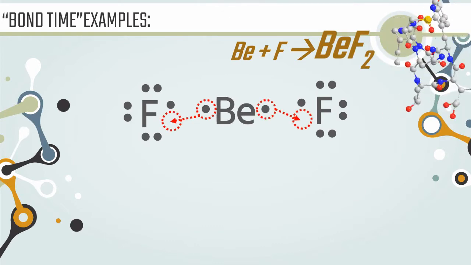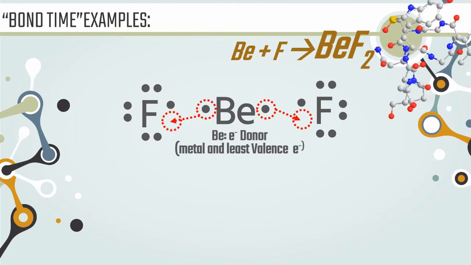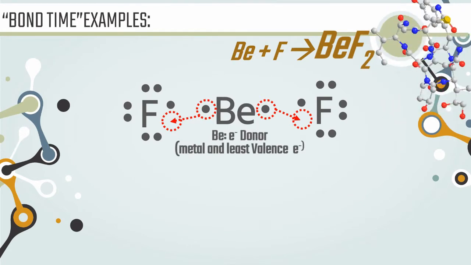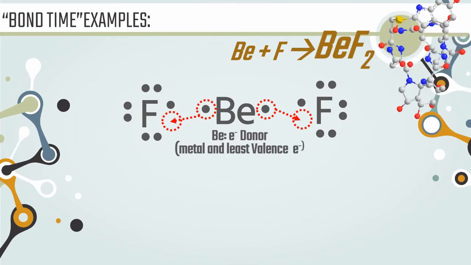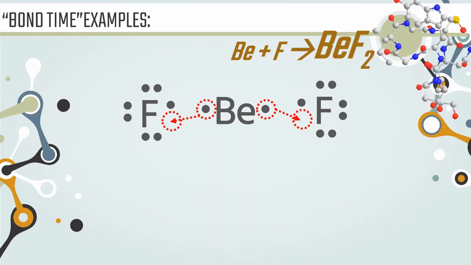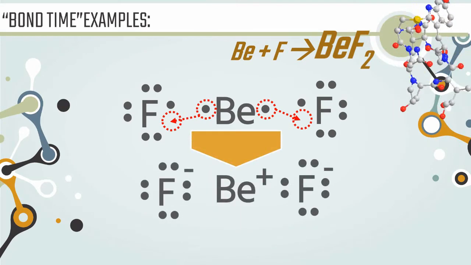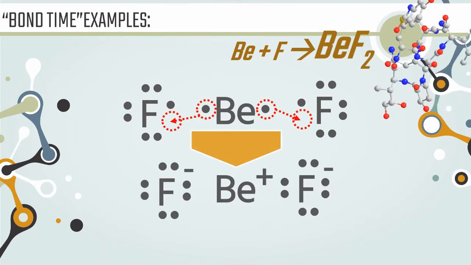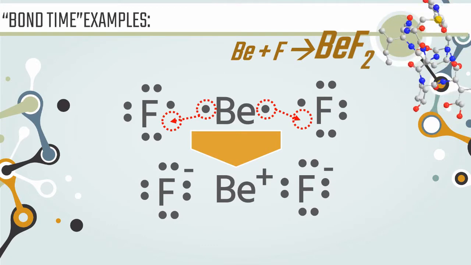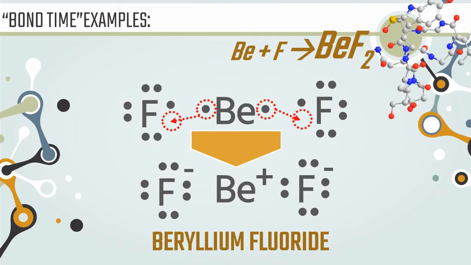Beryllium is the one that donates electrons since it's a metal element and has the least valence electrons compared to fluorine. Beryllium shall have a positive 2 charge while fluorine is negative 1. One beryllium atom that bonds with 2 fluorine atoms shall be called beryllium fluoride.